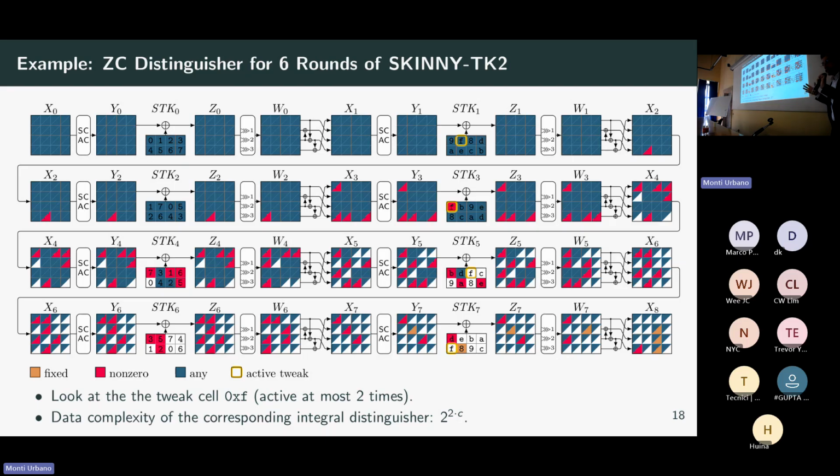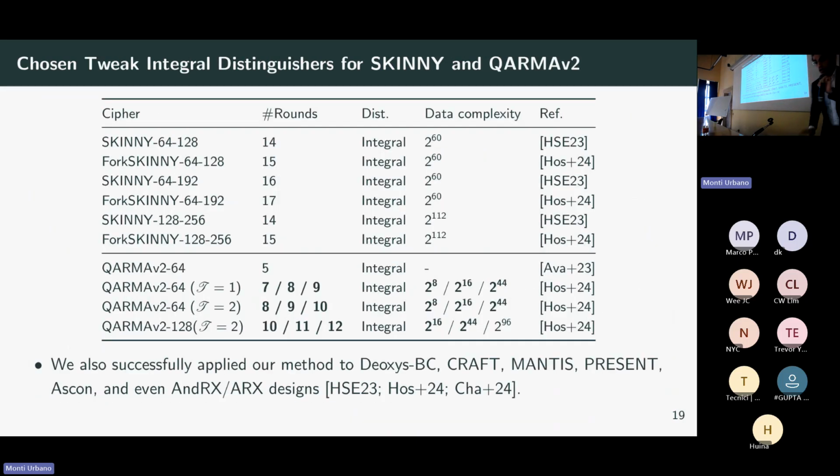Again, we have a tool now, thanks to the relation between zero correlation and integral. We have a very fast tool to find integral distinguishers for tweakable block ciphers. All of these results, as you can see, have been produced in less than a second. If you want to find them with division property, it's a pain, I would say. Don't try that.